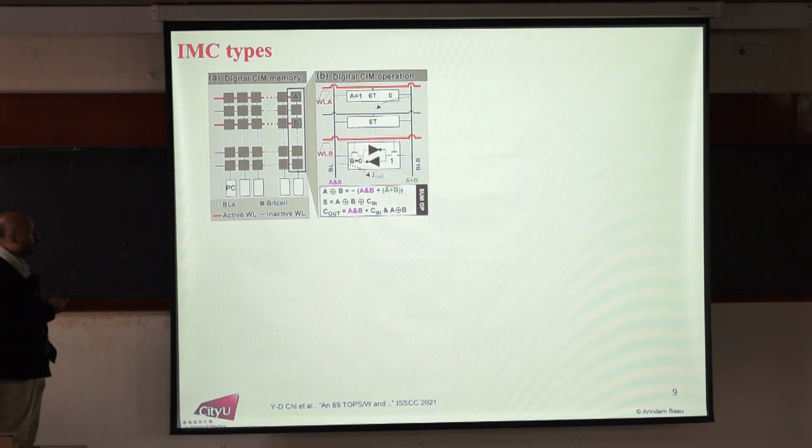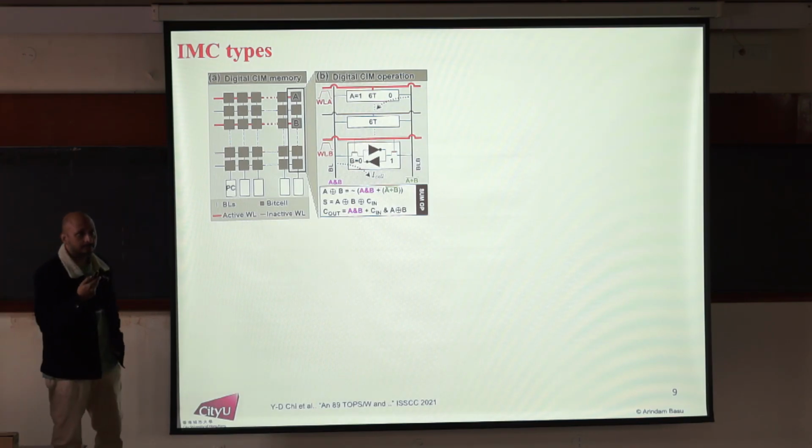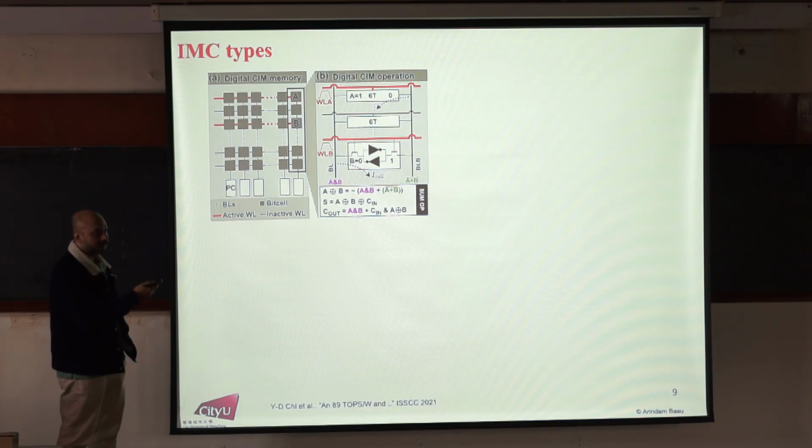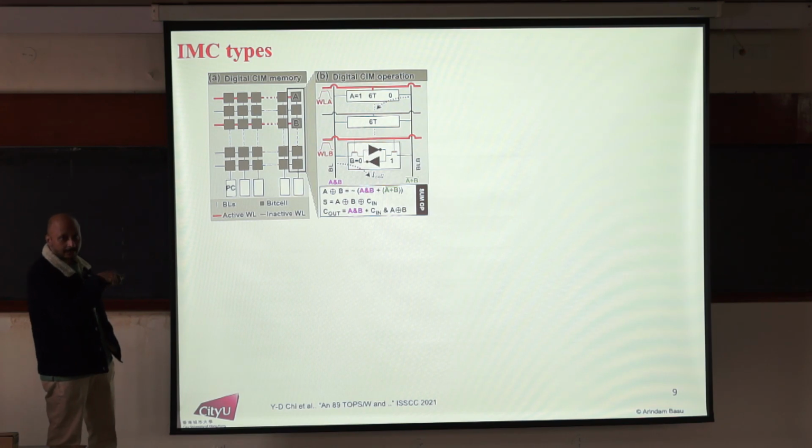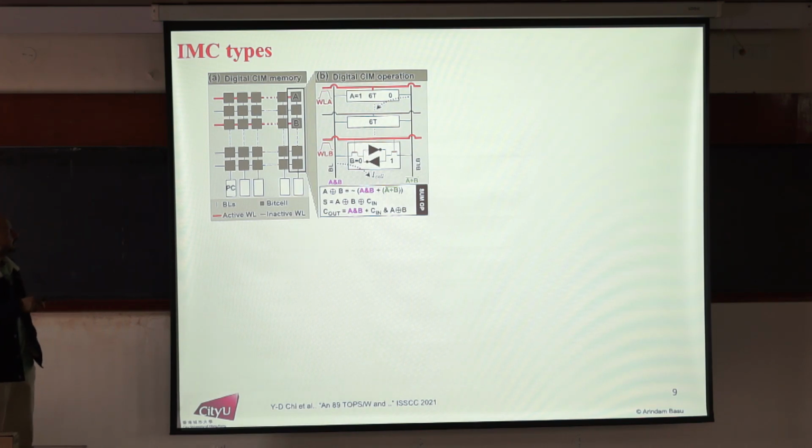And you can map most digital operations, like additions, to these two fundamental compute units. This is the XOR operation; you can map it this way. The sum is basically an XOR operation. The carry out of a digital adder can also use the XOR and this A and B to create the carry out. So in digital in-memory computing, what people do is enable two of these rows at a time and do some computing at the periphery, then go to the next row and so on.